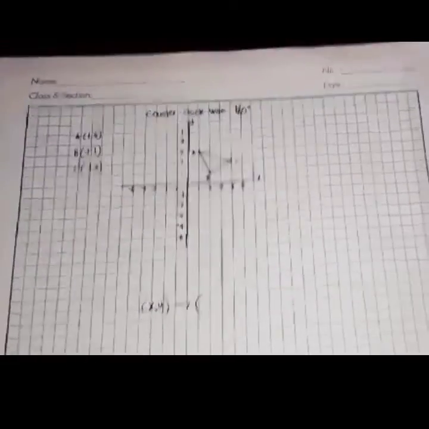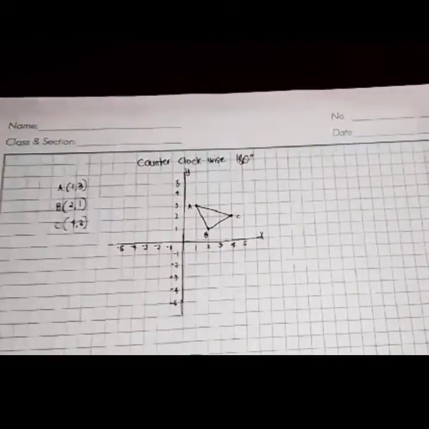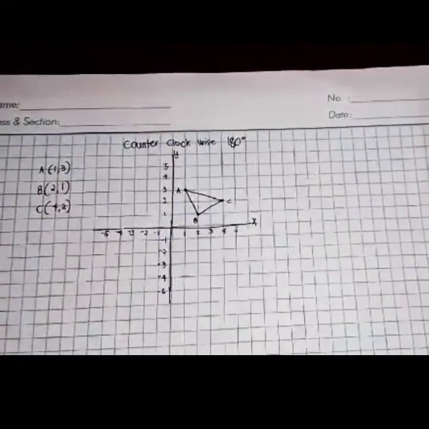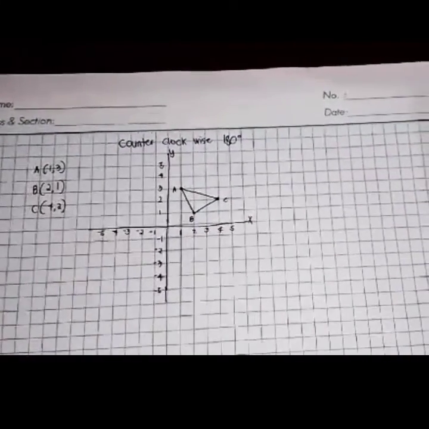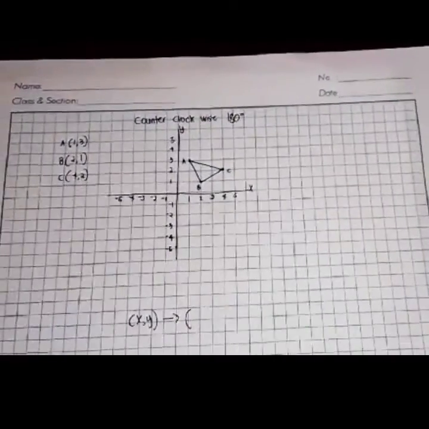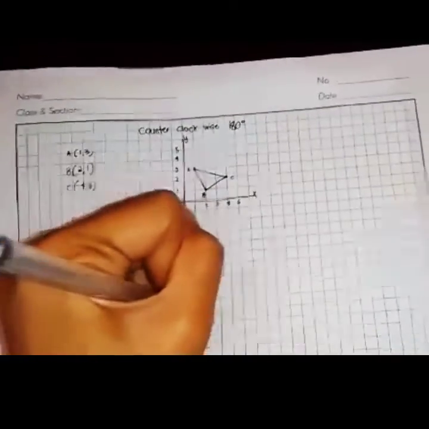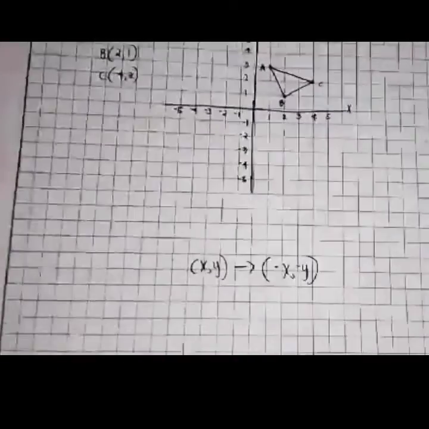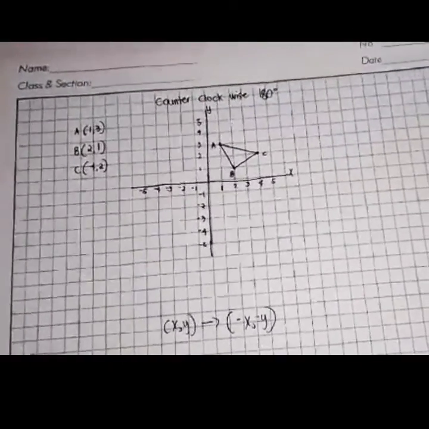In 180 degrees, the counterclockwise and the clockwise have the same rules in applying the rotation graph. I will just give the counterclockwise with 180 degrees example. So the rule of 180 degrees counterclockwise and clockwise is (x, y) would become (negative x, negative y).